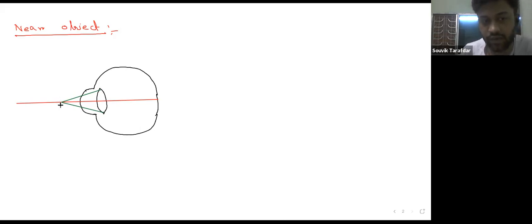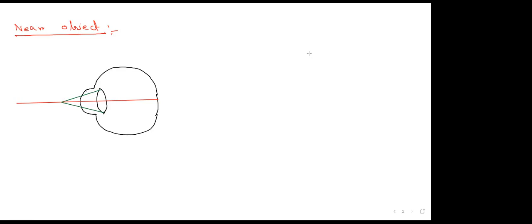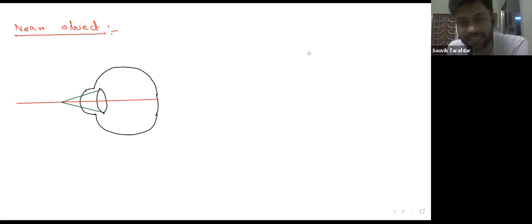If any object comes even nearer than this point, then we will not be able to see that object. Understood? Like, can you see your eyelashes? No, sir. Isn't it? That nearest point is known as the least distance of distinct vision.